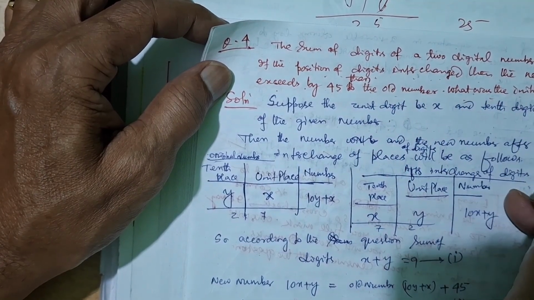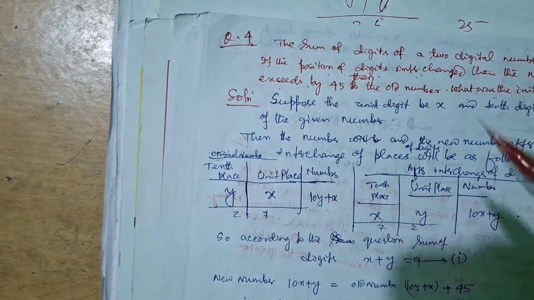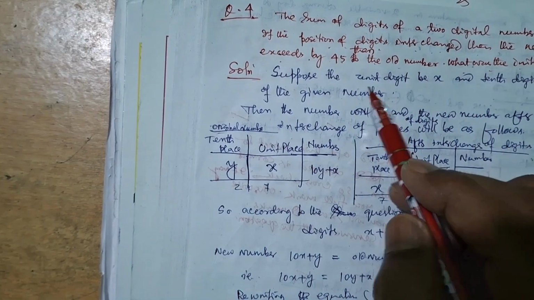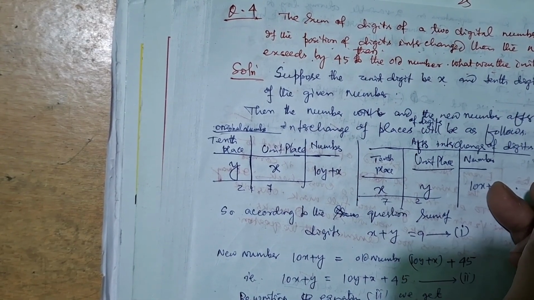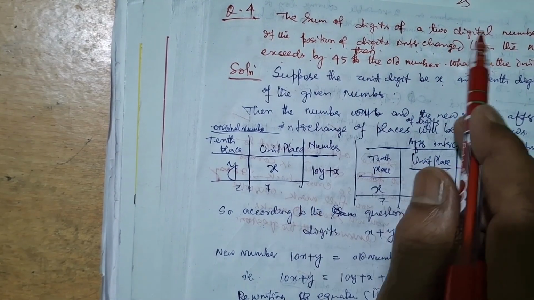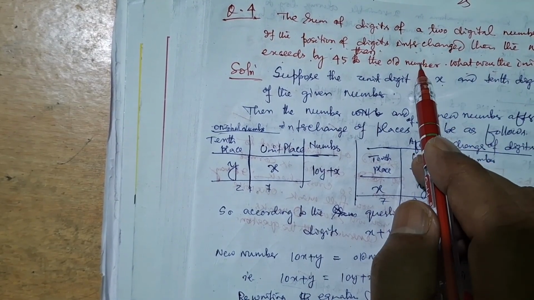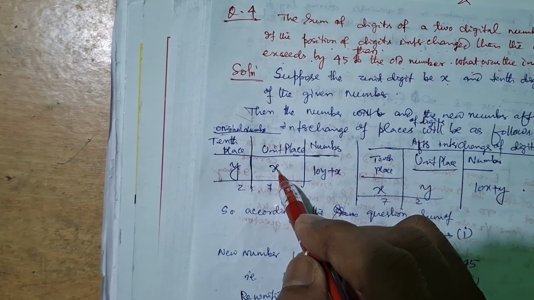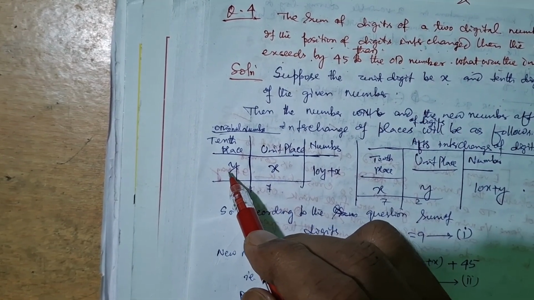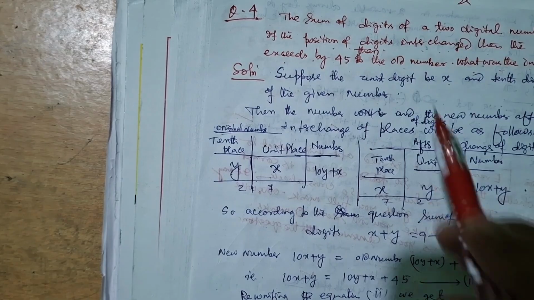What was the initial number? Suppose it is not known to us. Let us take the unit digit to be x and the tens digit to be y. There are two unknowns in a two-digit number, one is the unit place, the other is the tens place. So, let the unit place be x and the tens place be y. That is the original number.